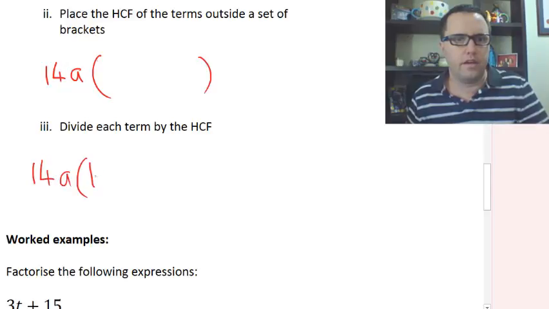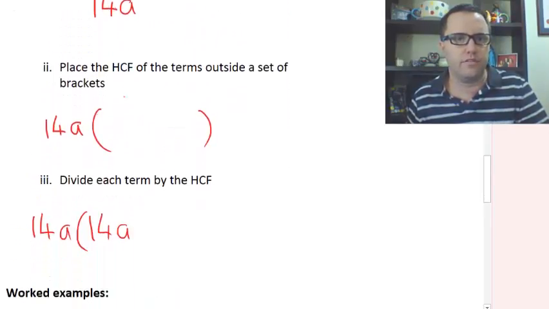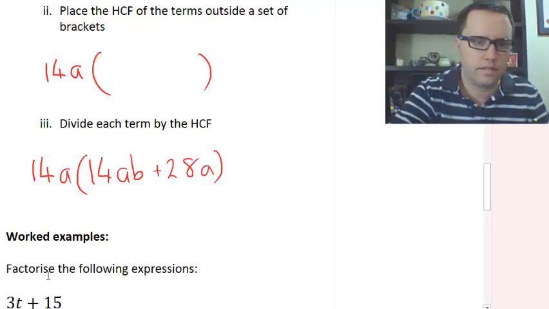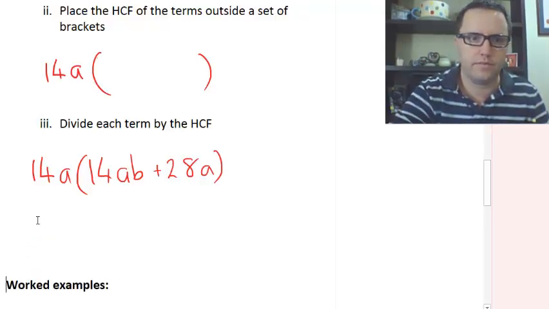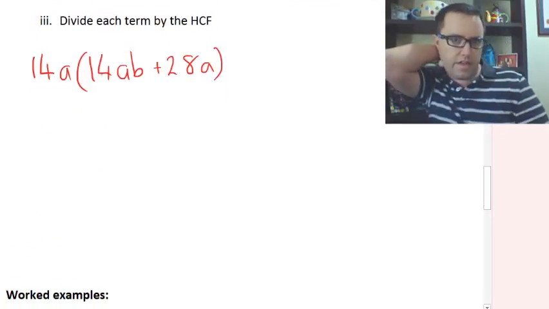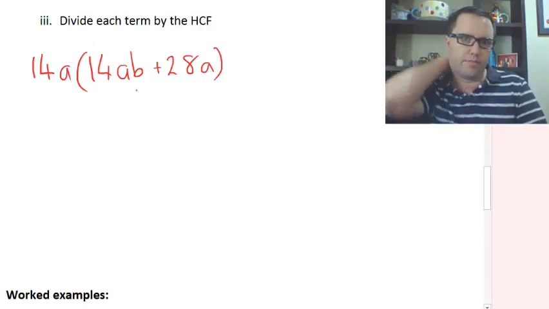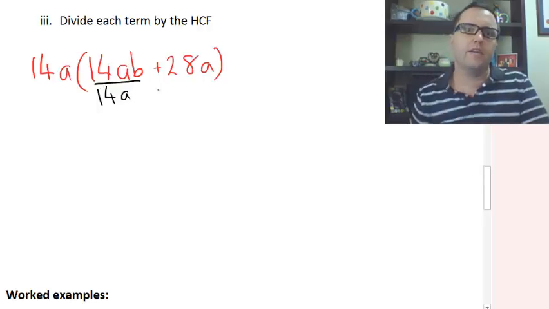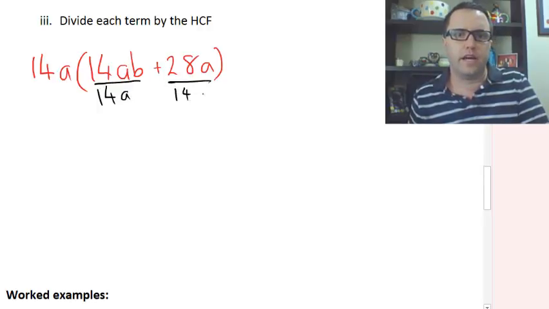Our two terms are 14ab and 28a. Let's give ourselves a bit more room here. Then we're going to divide both of these by the highest common factor, so over 14a and over 14a.